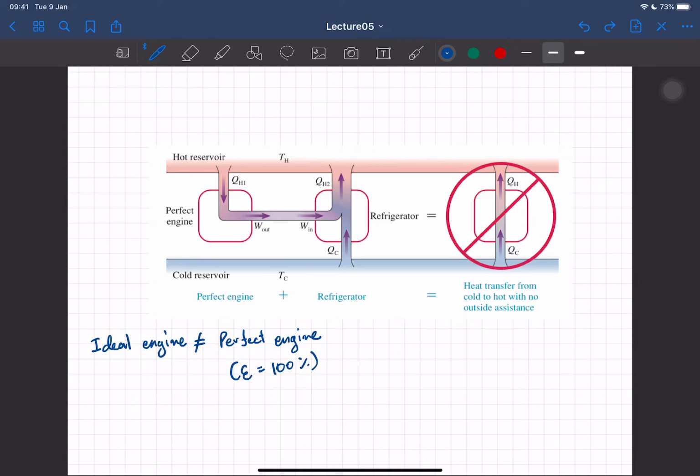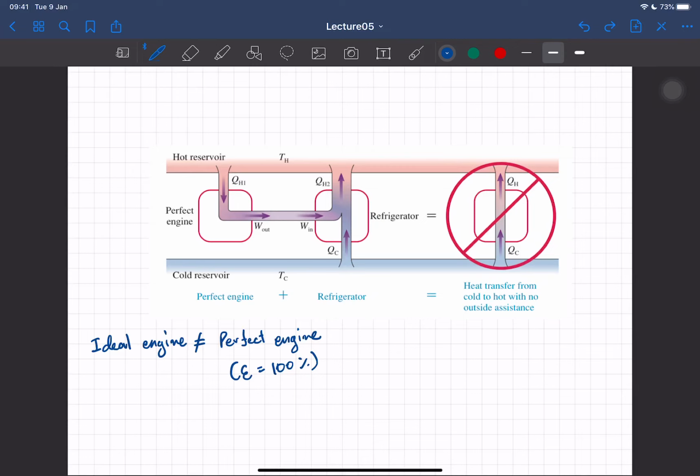Anyway, let's assume that we have a perfect engine here. So 100% means all the heat that you extract from the hot side can be converted to work, and you don't have to throw away any heat into the cold side. This is a perfect engine, 100% efficiency. Okay, assume that we have that.